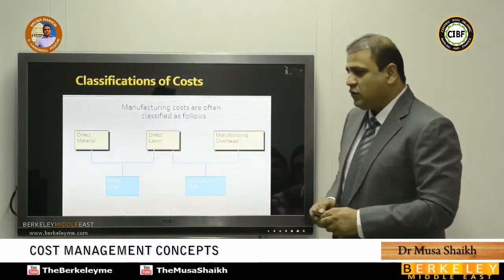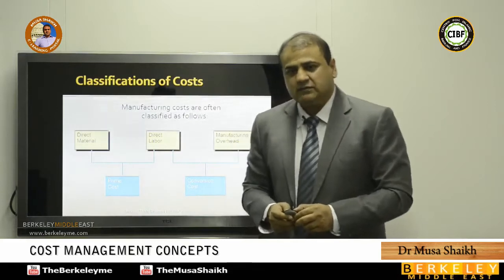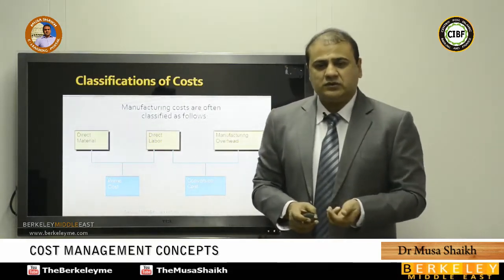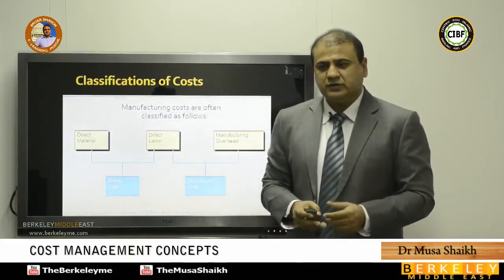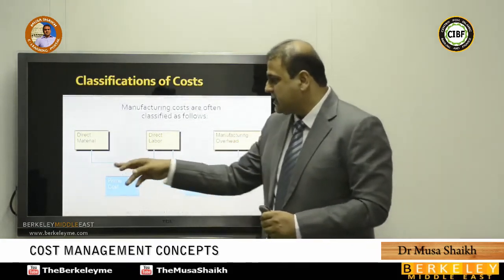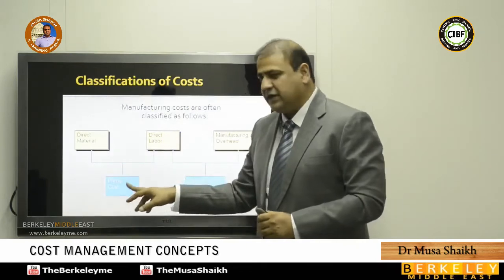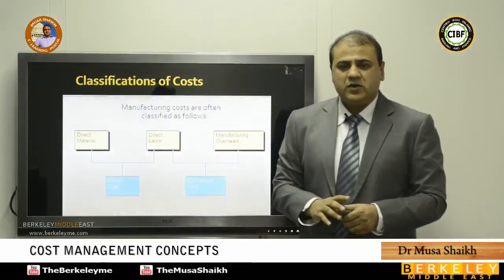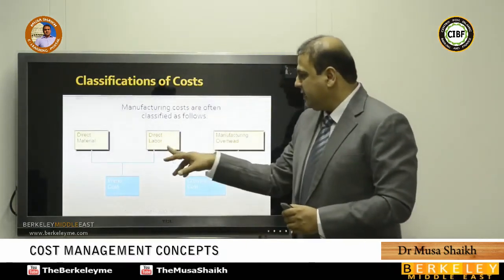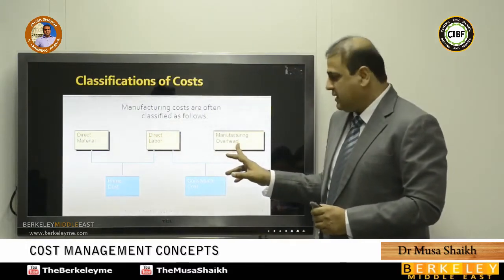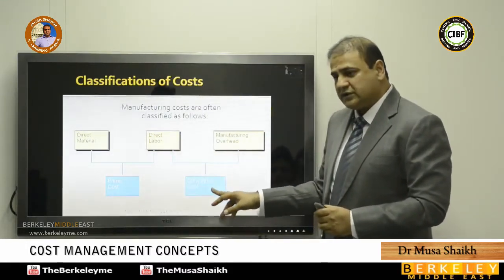We have some small calculations in our exam. They will say calculate prime cost, calculate conversion cost. So let's see the formulas. If we take the amount of direct material and add direct labor, it will be the prime cost. If we take labor and overheads, it will be the conversion cost.